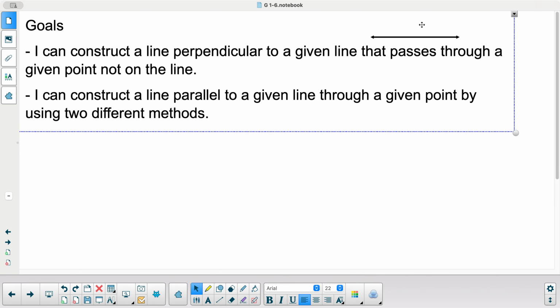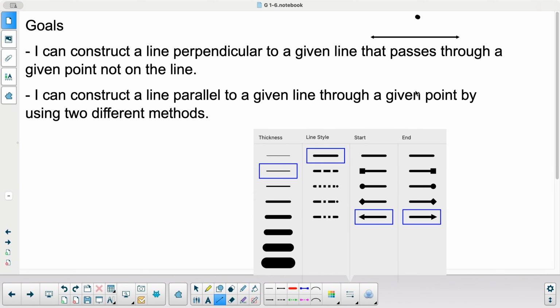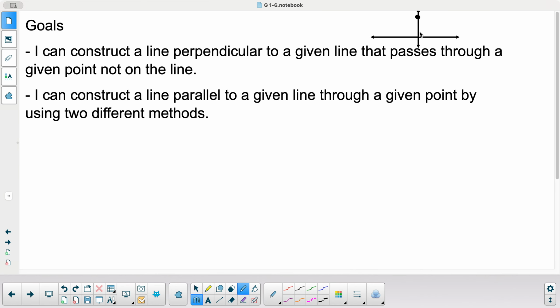I want to construct a line that goes through that point and is perpendicular to the line that's given to us. So that would be something like this, a line that goes through that point and is perpendicular.